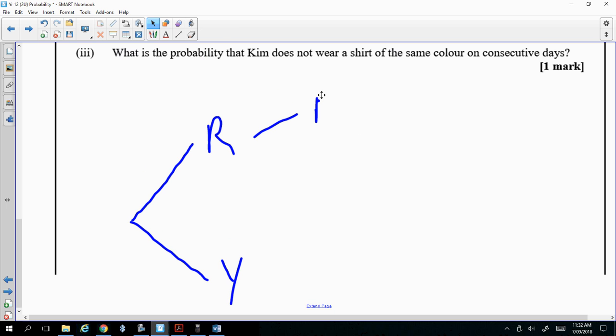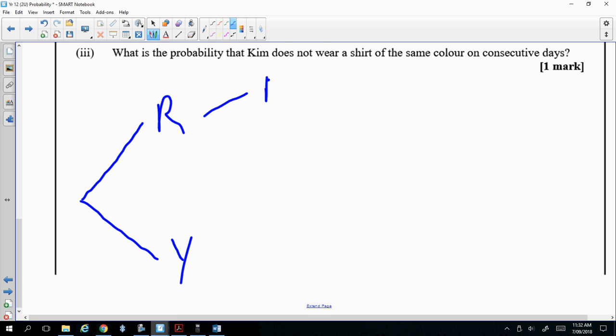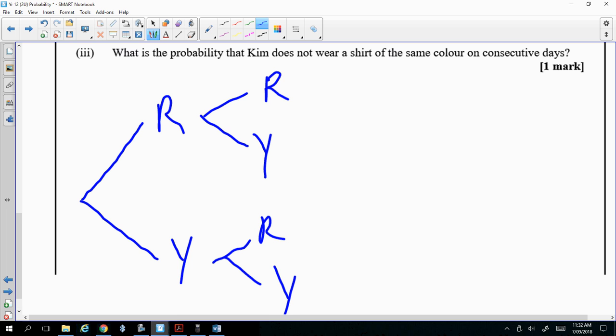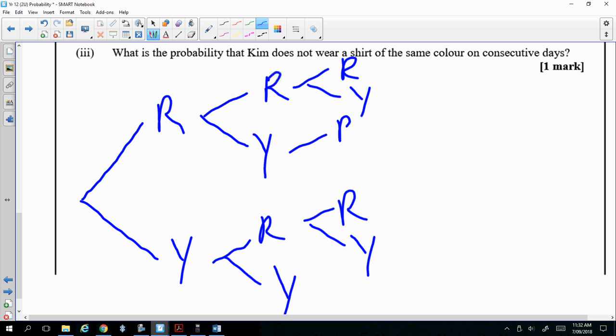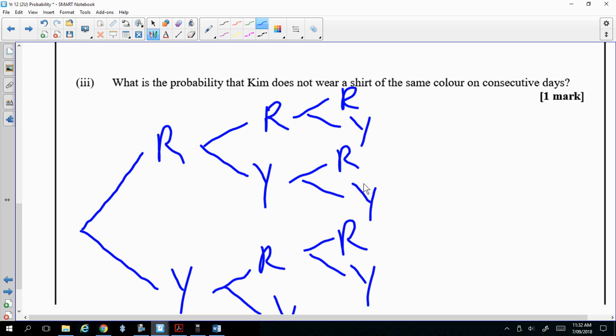Okay, good. Let's continue. Red, yellow, and then red, yellow, and that finishes. Red, yellow. All right, so which ones are consecutive? It has to be RRR, and then it could be R, yellow, yellow.